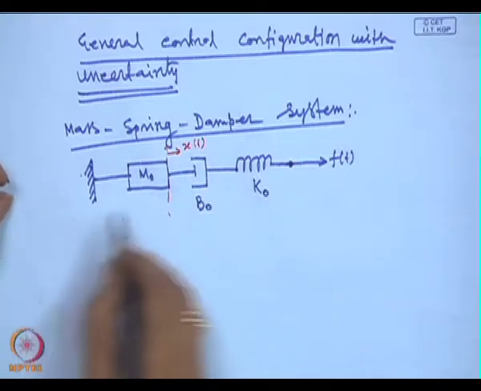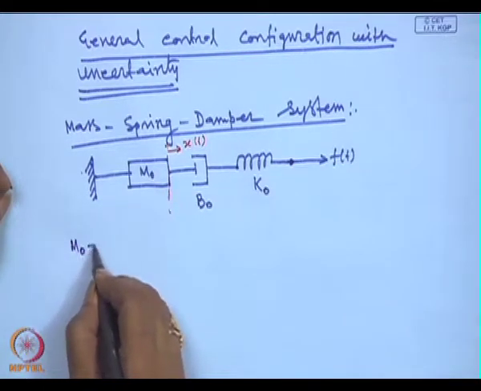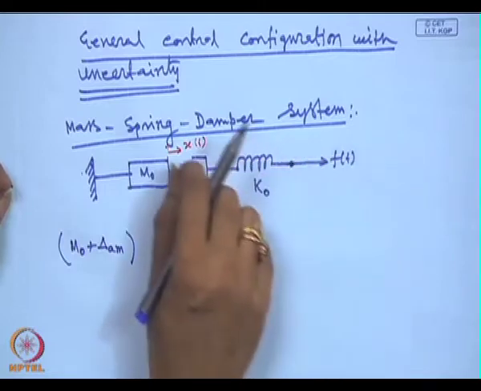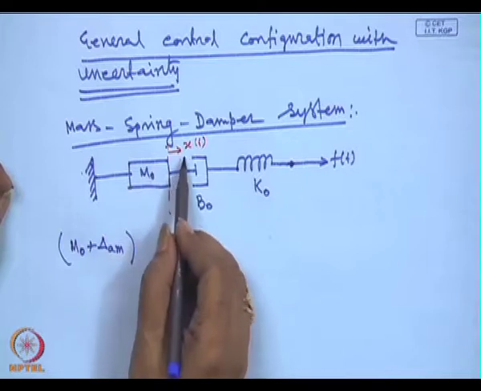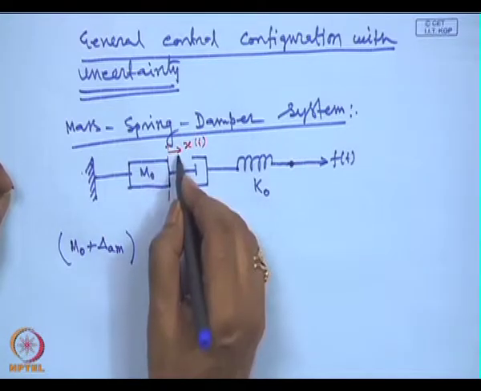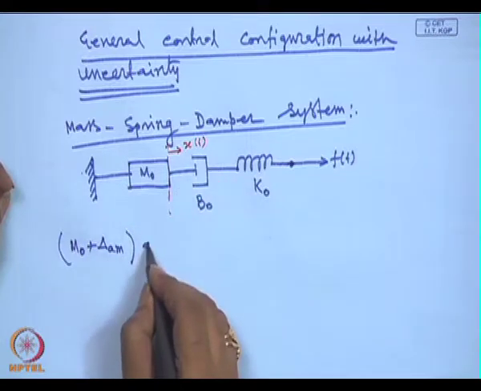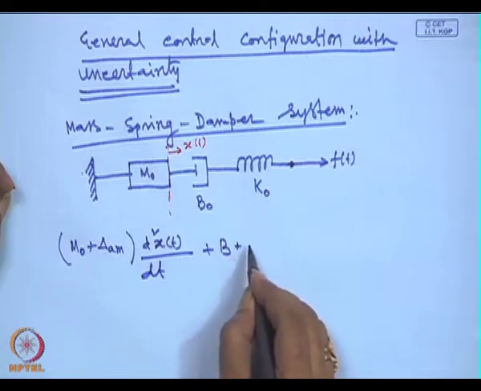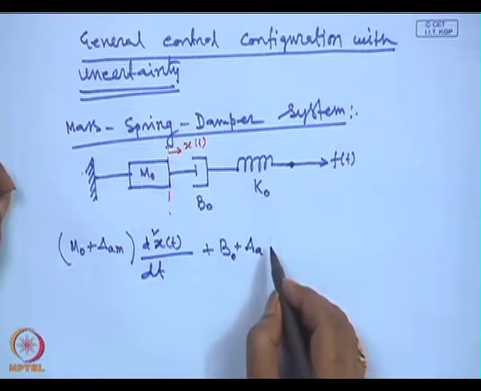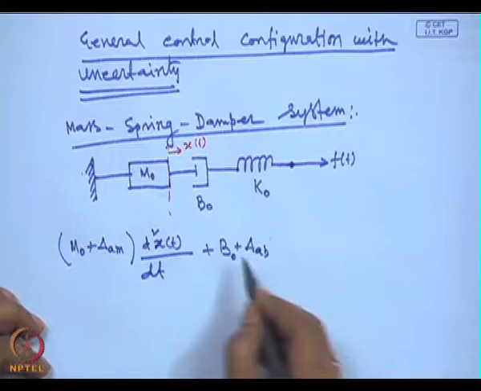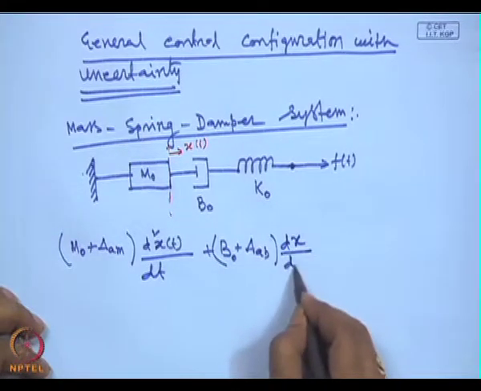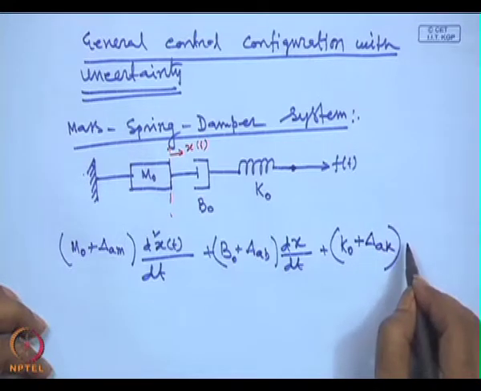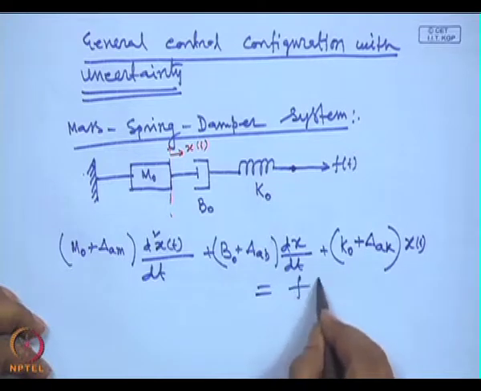So, we write the dynamic equation of the model: m 0 plus delta A m, times d squared x of t by dt squared, plus b 0 plus delta A b, where b stands for damping, times dx by dt, plus k 0 plus delta A k, times x of t, is equal to the forcing function.